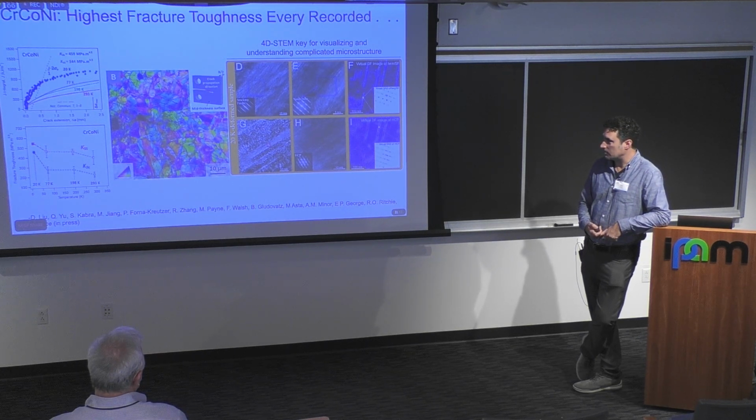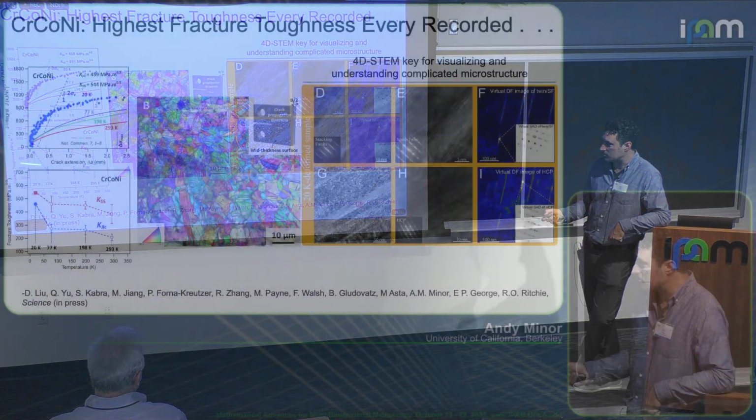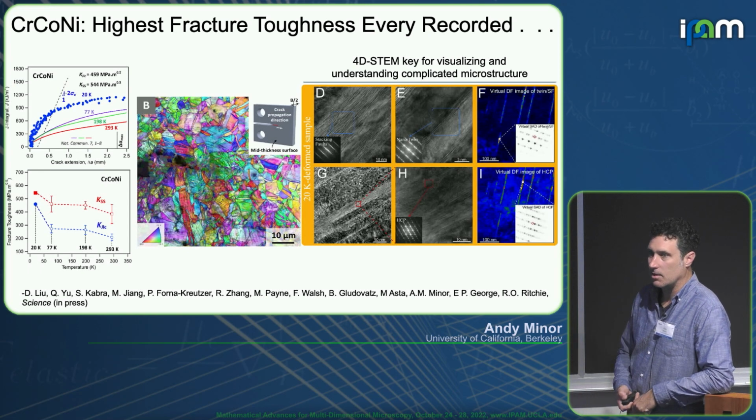So, what's a good number? Well, anything above 100, but 500 is really crazy, and especially for a low temperature material.